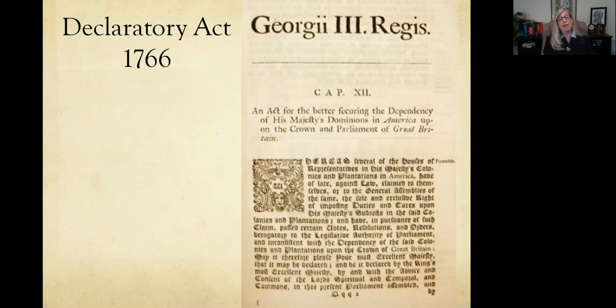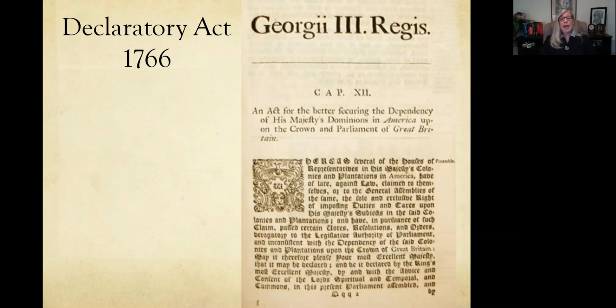So they are declaring their power over the colonies. It's almost like, yeah, you may have won this battle over the Stamp Act. Maybe it was going a little bit too far, but we are declaring that as the British government or Parliament, we can tax you whenever we want.